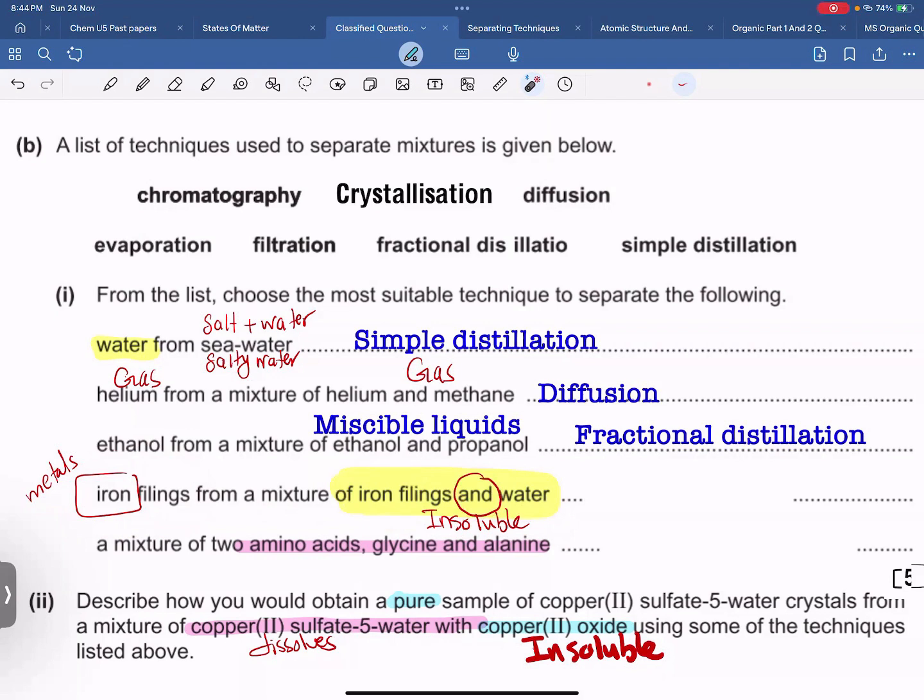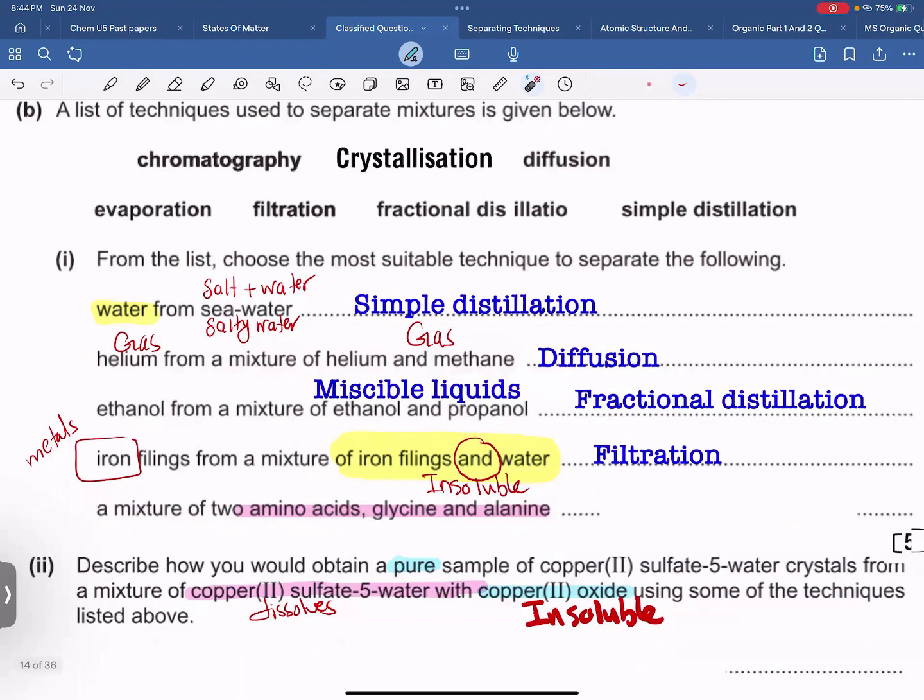So if iron dissolved in water, the word would be iron solution, okay, or aqueous iron. But iron and water means insoluble. This is a very important, tricky point in exam. So using filtration. Insoluble substances are separated from each other by filtration.